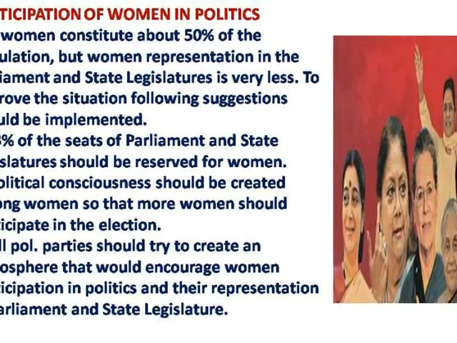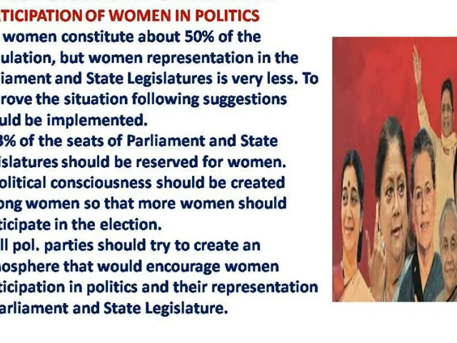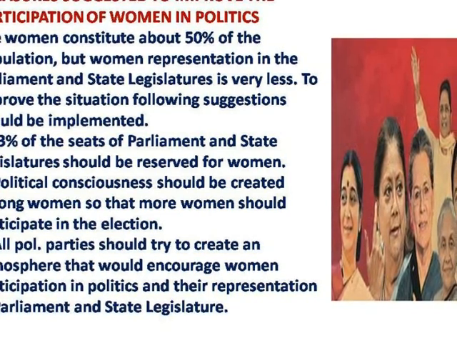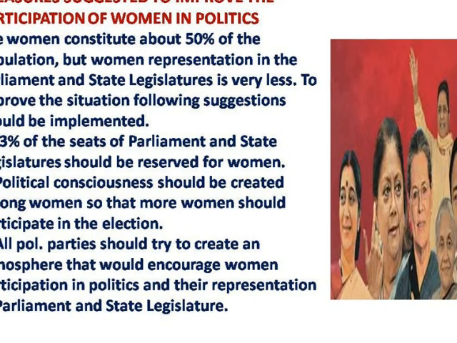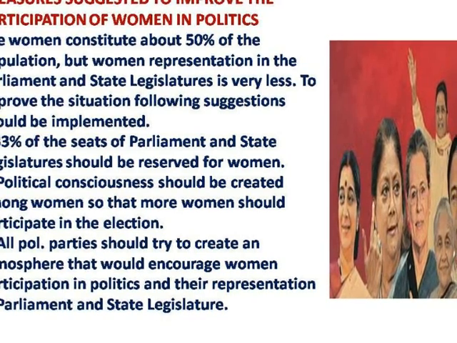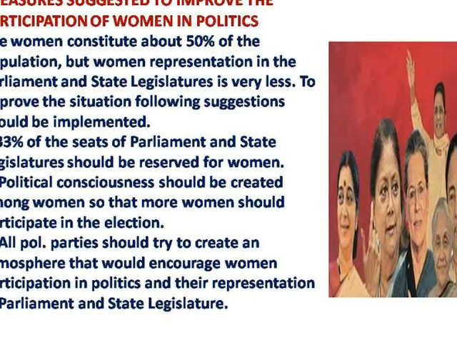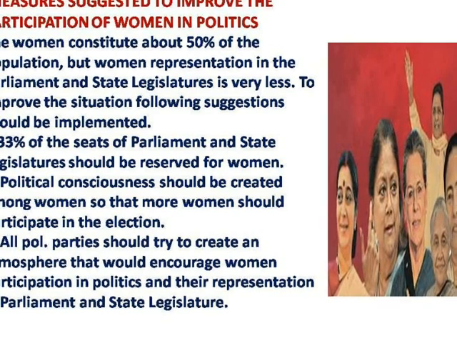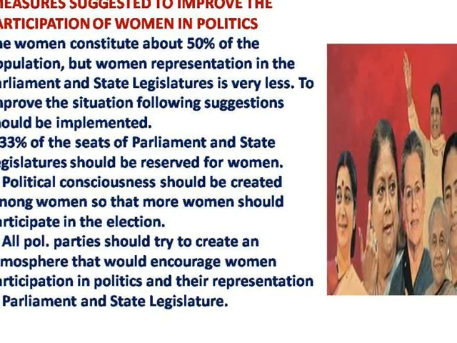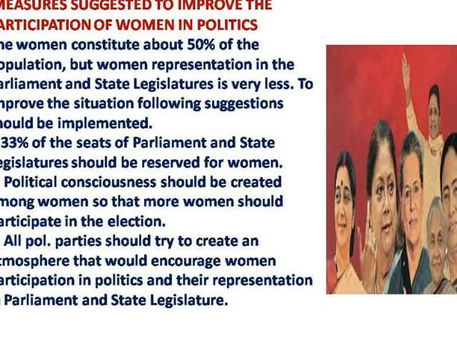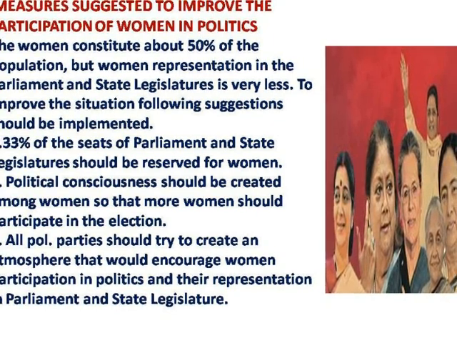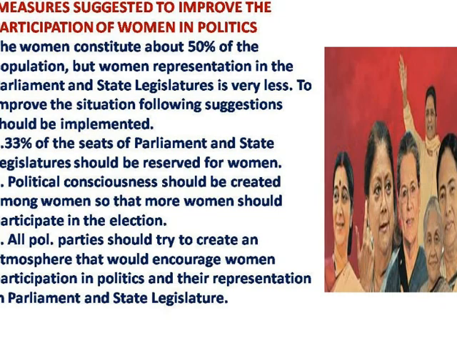Next, political consciousness should be created among women so that more women participate in elections. Along with this, all political parties should try to create an atmosphere that would encourage women's participation in politics and their representation in Parliament and state legislatures.